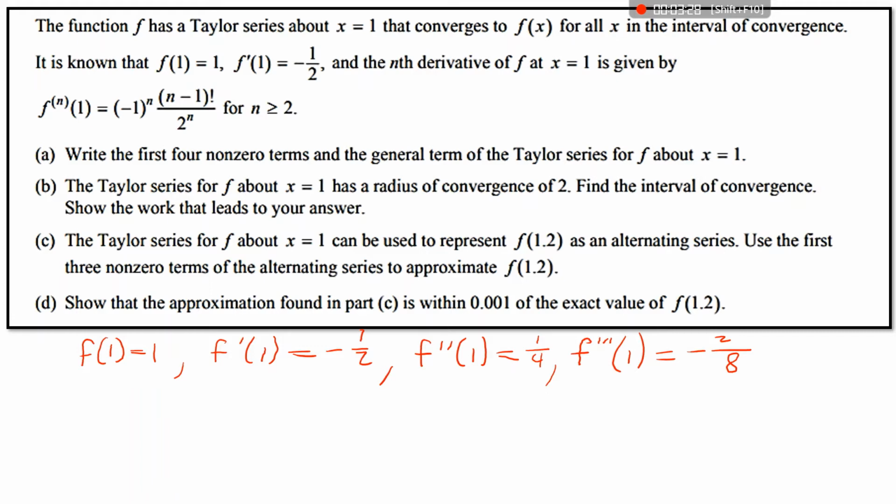And then I need to take this and make it a function. So once we've got these derivatives, we'll need to multiply by x minus 1 raised to the n power and divide by n factorial. Okay, so what's f of x?